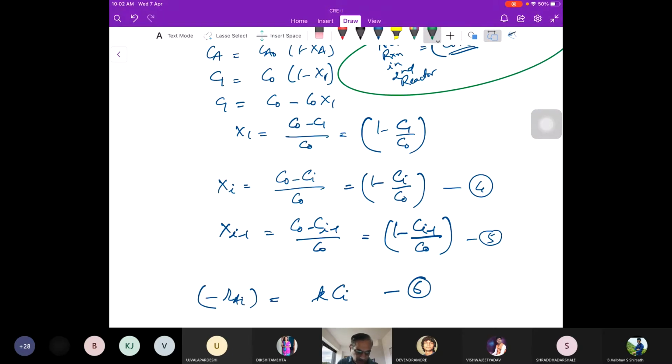Or xi minus 1 will be 1 minus Ci minus 1 upon C naught. Writing that same equation, जो Ca equal to C naught into 1 minus Xa, in terms of i and i minus 1. ठीक है, equations 4 and 5.